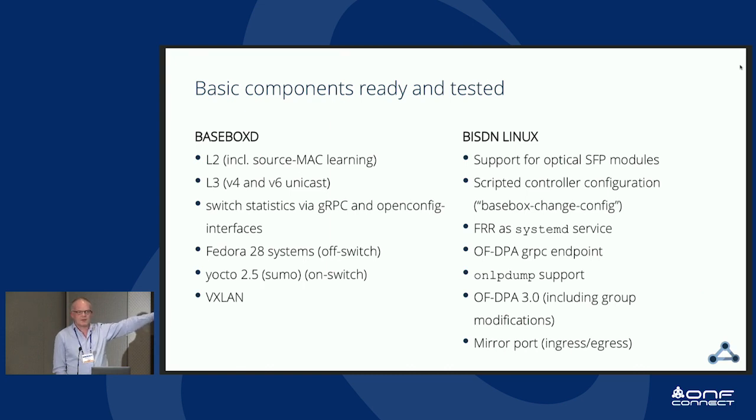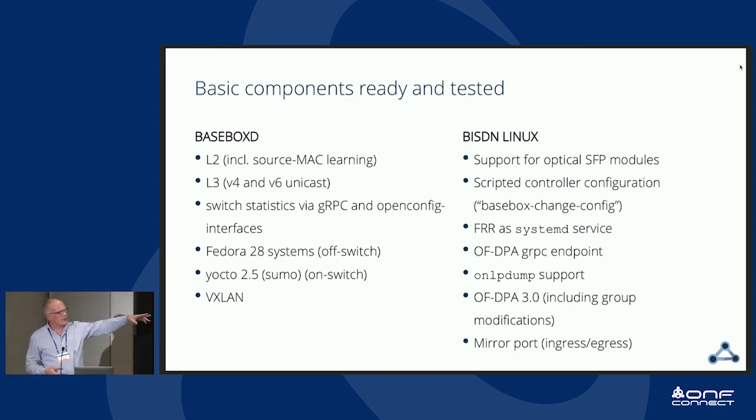So you have packages for Fedora, for CentOS, that you can just get and install in a VM. And you can then configure the switch. There's a little script which says Basebox change config, and you say Basebox change config local or Basebox change config remote, and then you give the IP address of the remote controller, and then you have stuff. So it's relatively easy now.